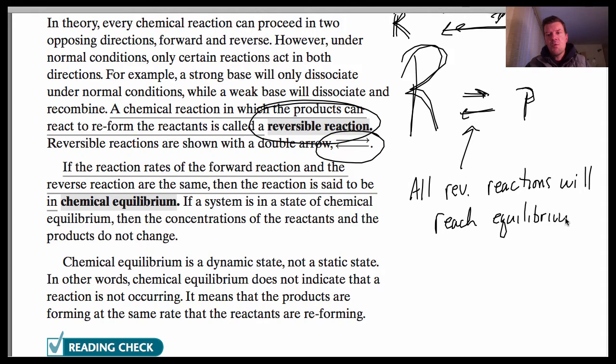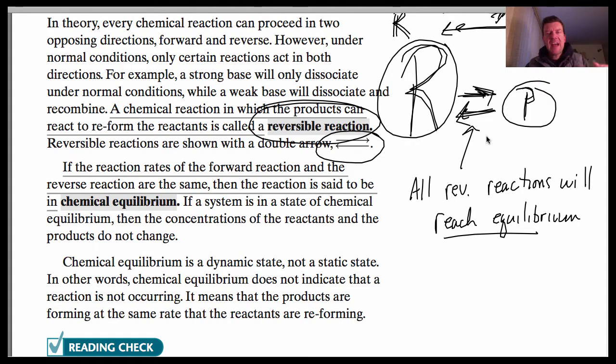What does that mean? They will reach equilibrium, which means over time it's going to get to a point where the forward reaction and the reverse reaction are equal. And once that happens, the amount of reactants and the amount of products is not going to change dramatically. That's how you know you've reached chemical equilibrium.